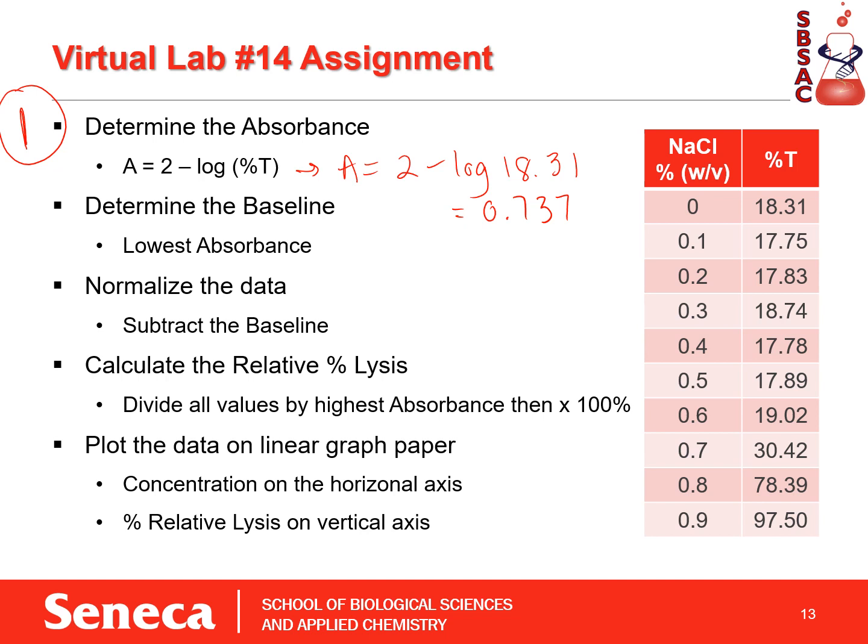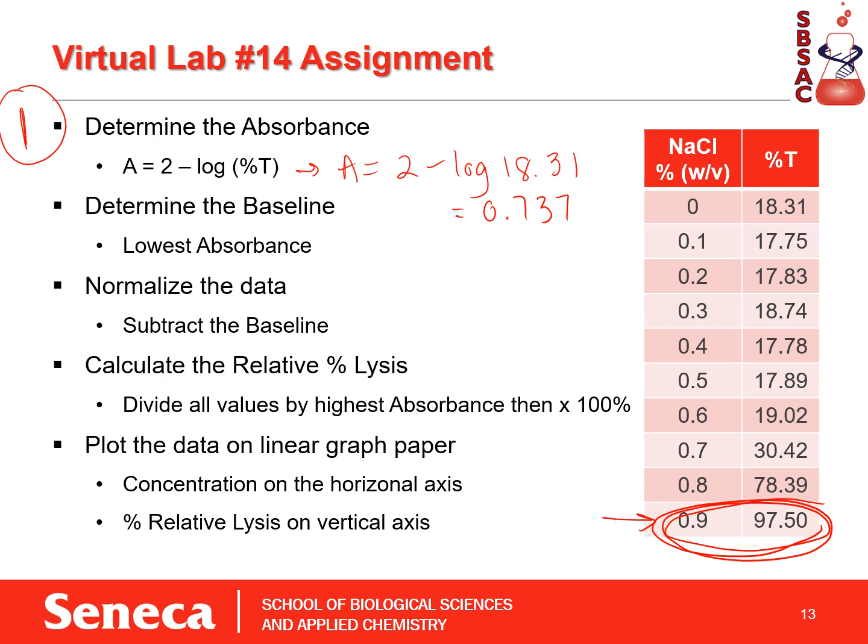The next thing we have to do is subtract the baseline. The baseline is the absorbance reading at 0.9% salt concentration. So when you have your absorbance value for this data point, you're going to subtract that absorbance from every single one of your other absorbances, okay?